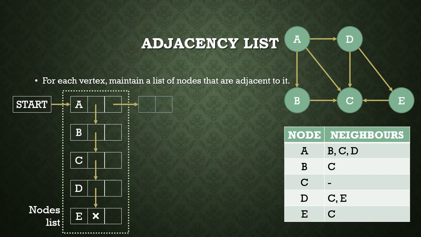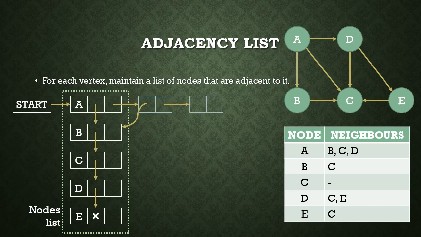The first edge of A goes from A to B. So the first field points to B. See, this data structure is an edge and it goes from A to B. So the node containing A points to this data structure and the first field of this data structure points to B. This is not the only edge that A has.